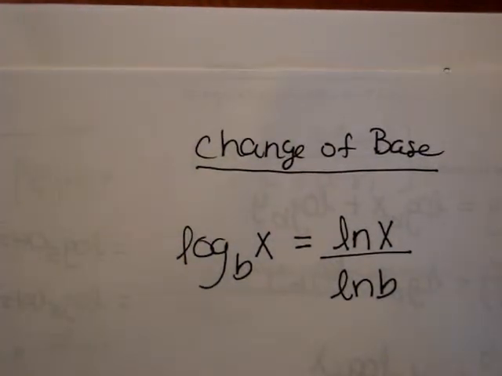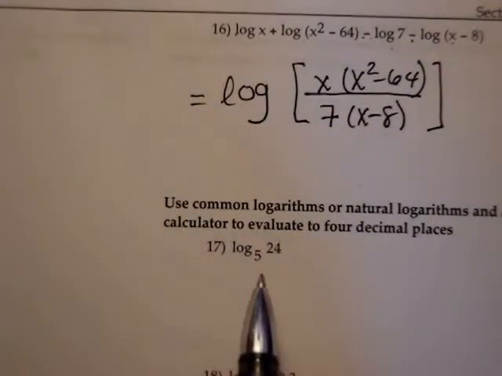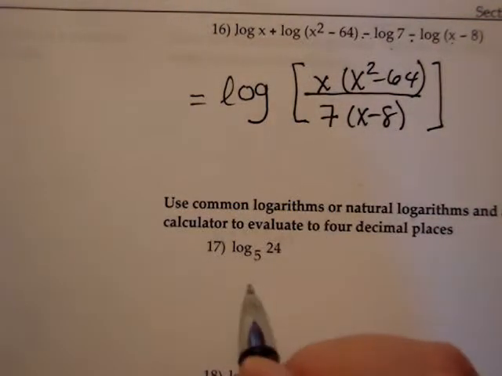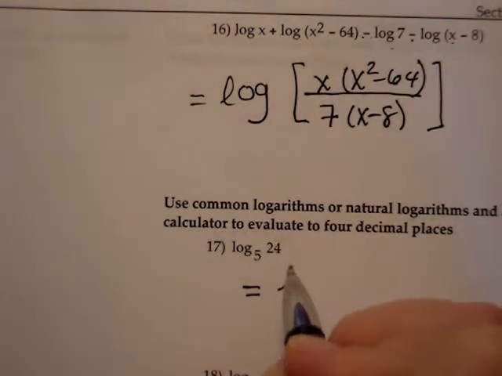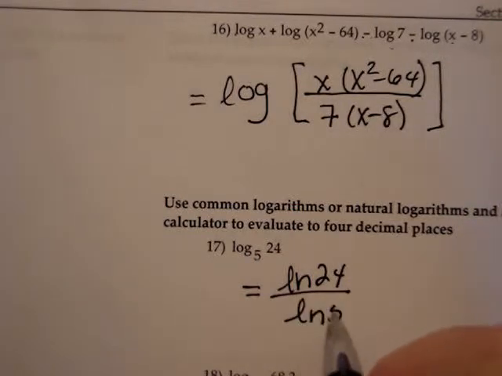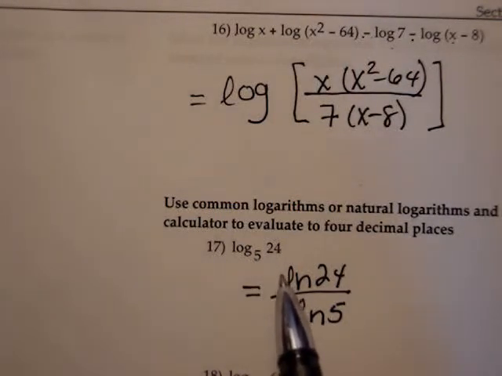So when we do number 17, and it says evaluate log base 5 of 24, that means I'm going to use the formula and find the natural log of 24 divided by the natural log of 5, and that answer from my calculator will be the same as the log base 5 of 24. And I'll let you do that on your calculator.